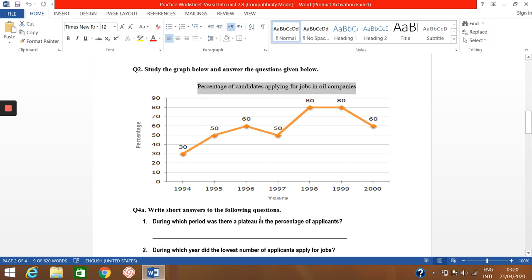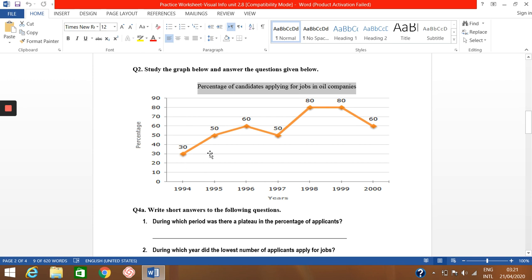Now let's come back to the question. Why do you think we use, immediately after starting with this line graph, for example, this shows or describes or displays or illustrates the percentage of candidates until the end of the year. So why do you think we add S? Simply because we talk about one line graph.